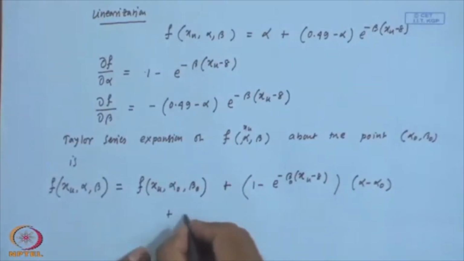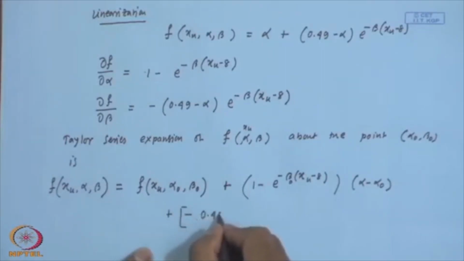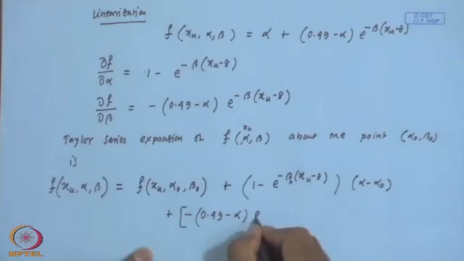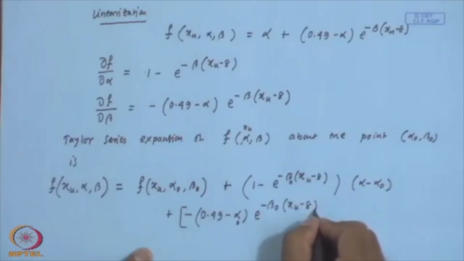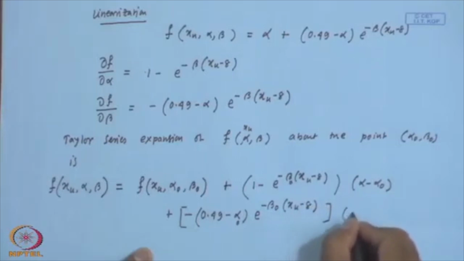That is minus 0.49 minus alpha naught, of course, into e to the power of minus beta naught x_u minus 8, and then beta minus beta naught.